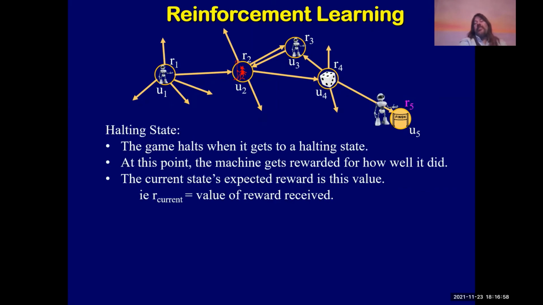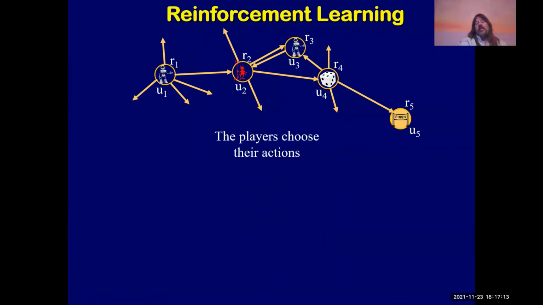And so now in some ways, we have a big system of equations, right? We have the equations which tell you how each R value depends on the other R values. And we need to solve all of those equations, right? And so what's happening is each player has to choose which action to take.